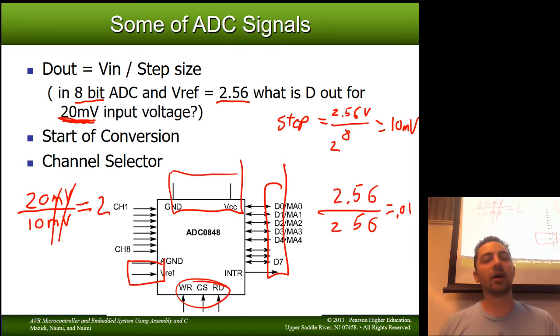Now, some people may argue that actually the result would be a 1 because it's the less than or equal to, right? So technically, anything between 0 volts and 9.99999 millivolts. Let's not quibble over a thousandth of a millivolt, all right?